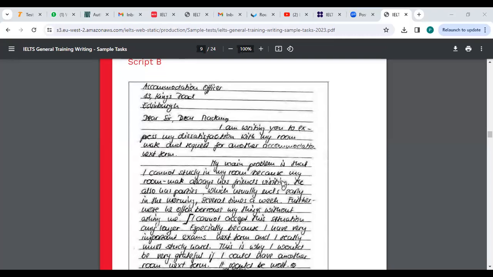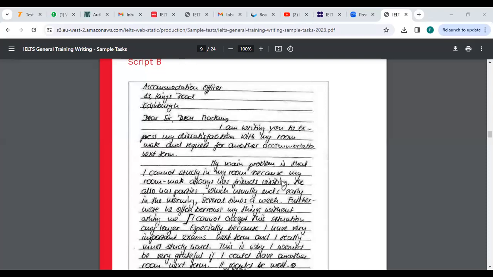My main problem is that I cannot study in my room because my roommate always has friends visiting. He also has parties, which usually end early in the morning, several times a week.